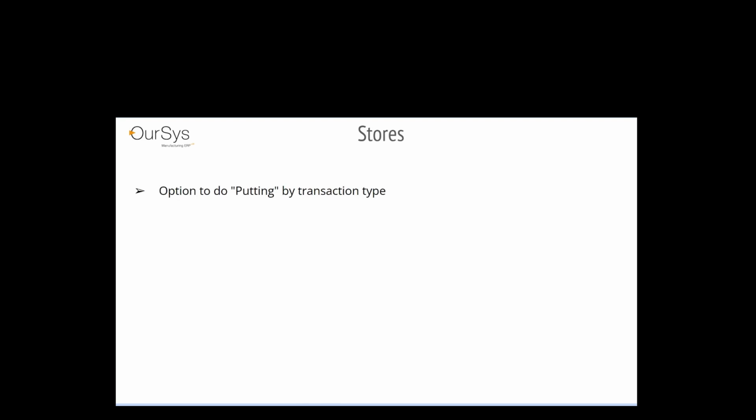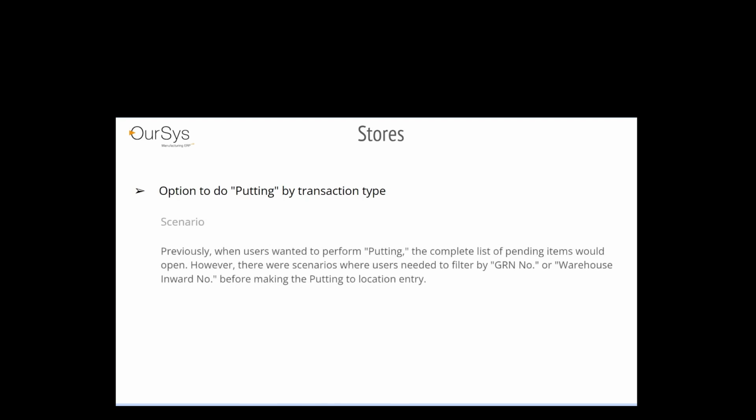Now moving to the next option, to do putting by transaction type. Previously, when a user wanted to complete the putting task, they had to go through the entire list of items pending for putting. However, if the user needed to filter by goods receipt note number or warehouse number before the putting was done in the location entry, it was not possible.